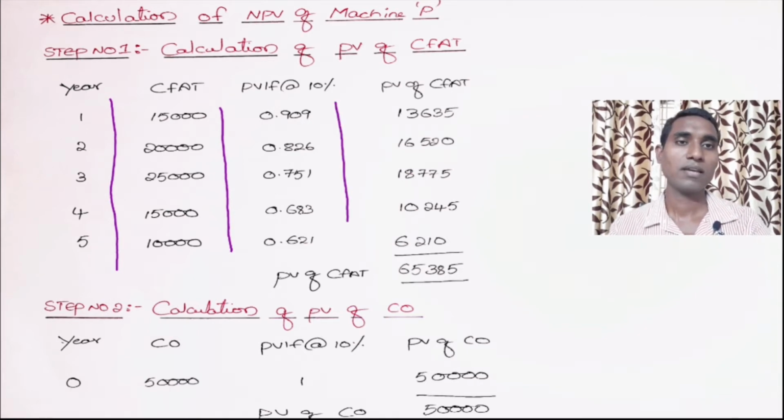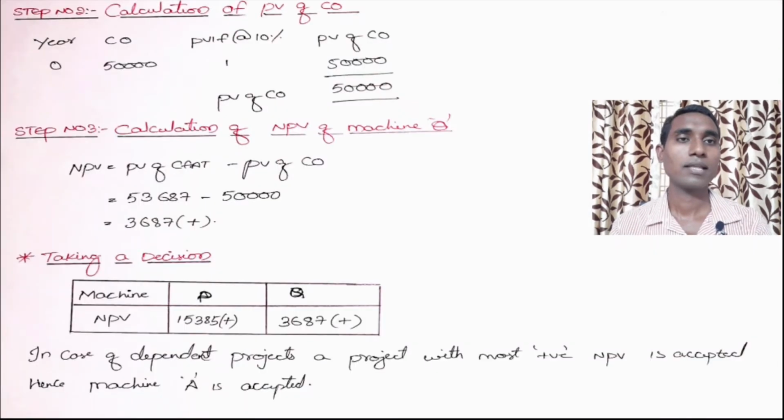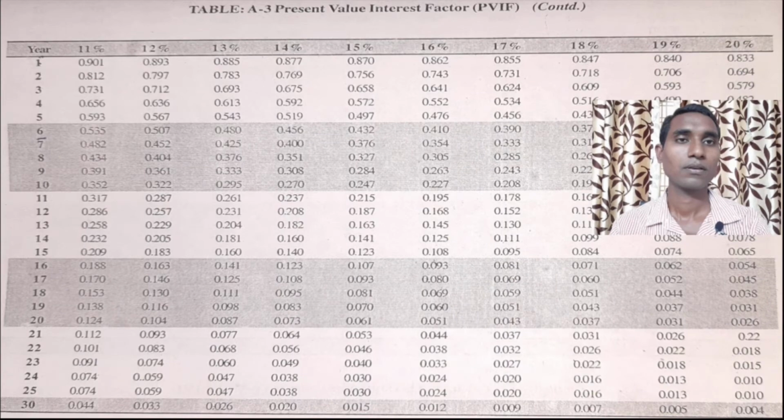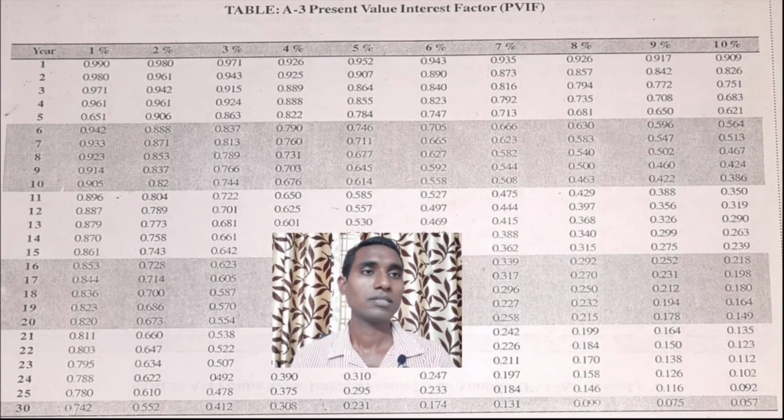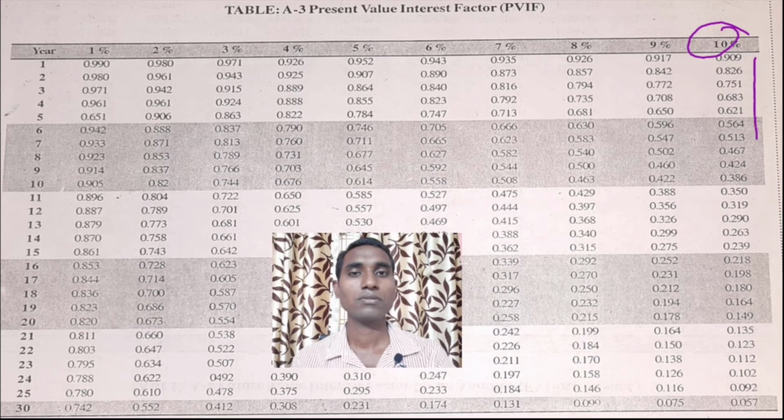So this is the PVIF at 10% for 5 years. You go to the A3 table, 10%. See, 10% A3 table for 5 years. You need to note down these values.